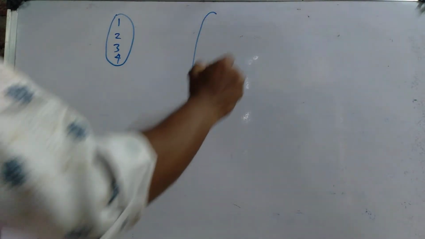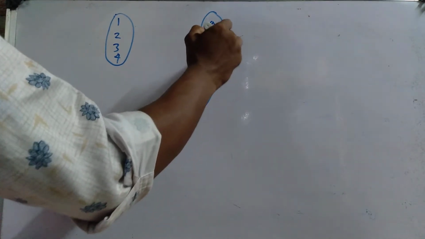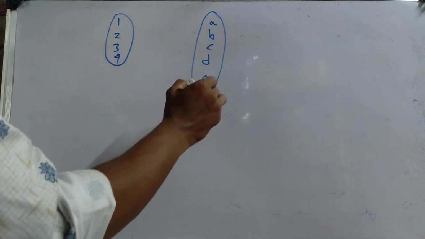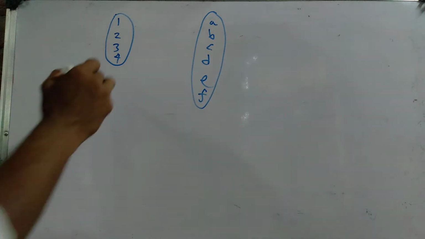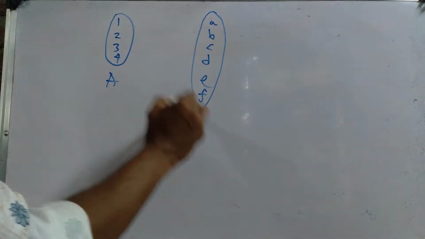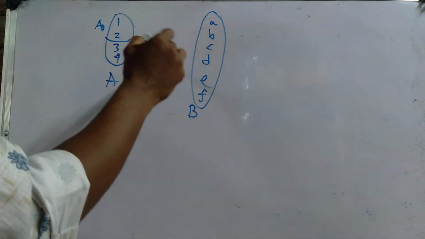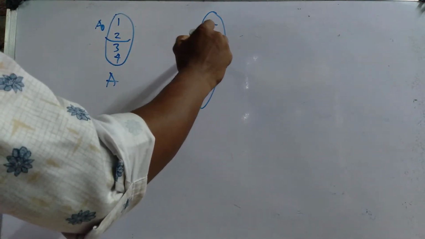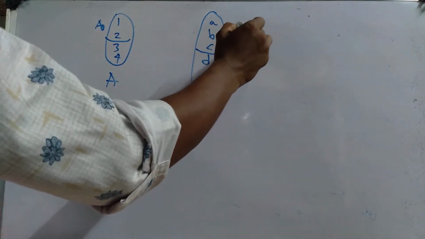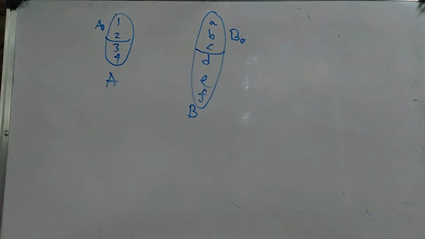We first take a simple example: 1, 2, 3, 4 here, and here a, b, c, d, e, f. This one is A, this one is B, this one is A0, just 1 and 2, and here this one is B0.